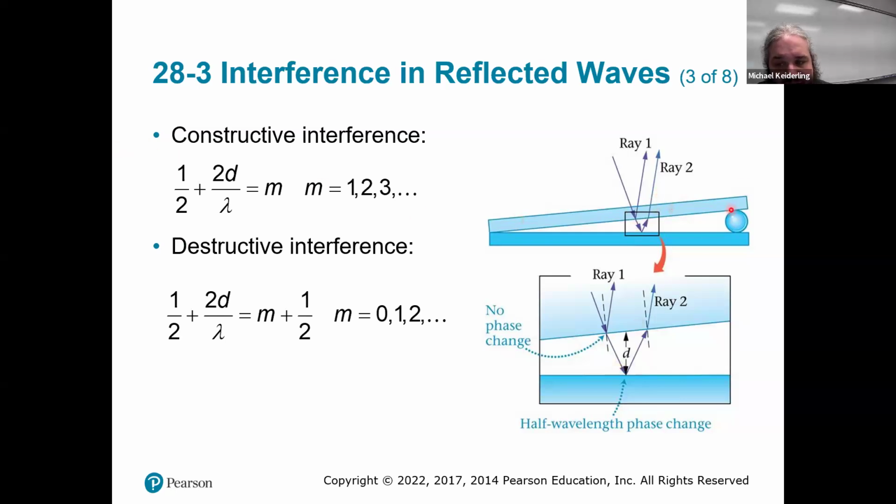This setup will give you constructive interference at 1/2 plus 2d over wavelength equals a whole number, and destructive interference at 1/2 plus 2d over wavelength equals a whole number plus a half, because there's an extra 1/2 here at the reflection.